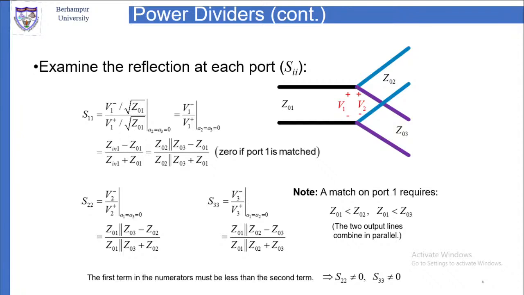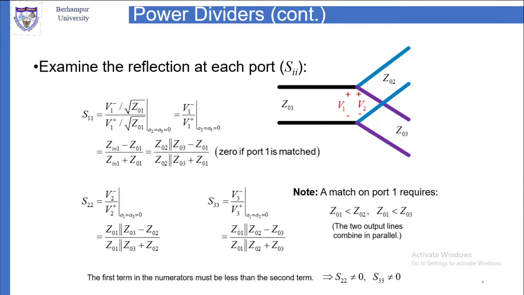Similarly, we will go to the basic definition of S22 parameter and S33 parameter. So S11 is equal to V1 minus. V1 minus means the voltage reflected at the junction. So V1 minus along the line 1, divided by root over of Z01, divided by V1 plus divided by root over of Z01, provided A2 is equal to A3 is equal to 0.